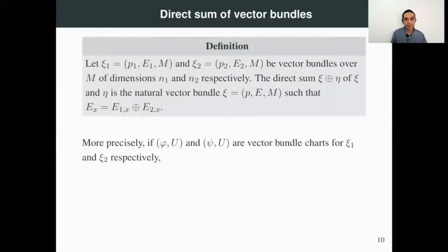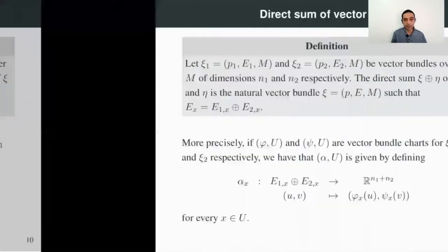But in our case, that's pretty easy because we can consider two vector bundle charts for psi1 and psi2 defined in the same open set U of M, right?